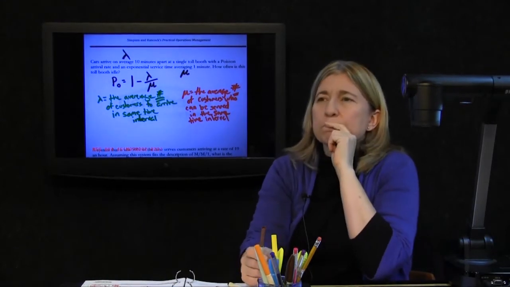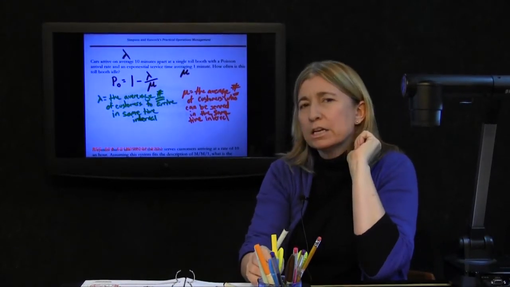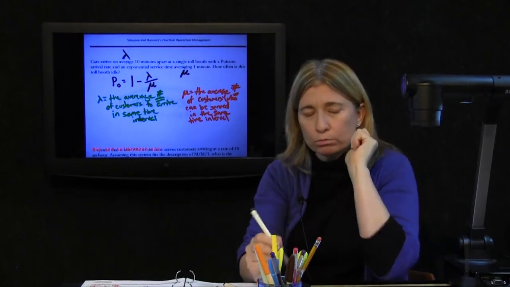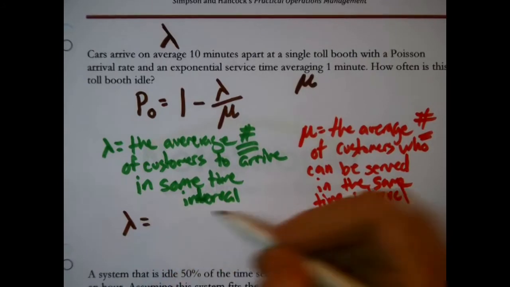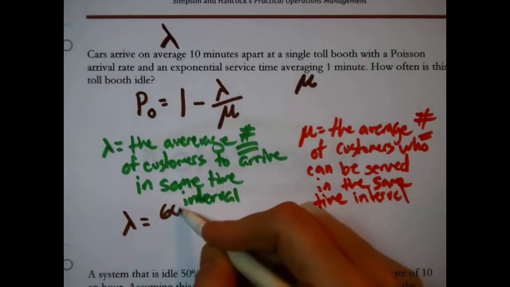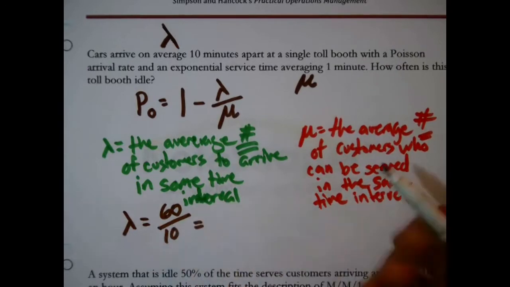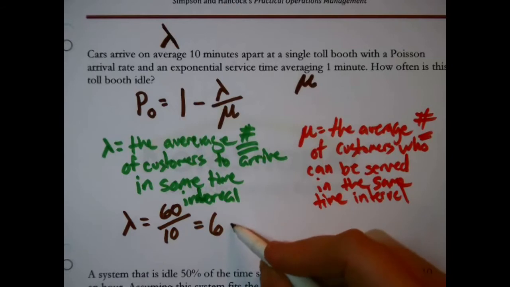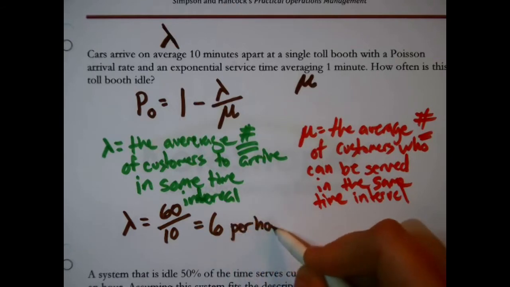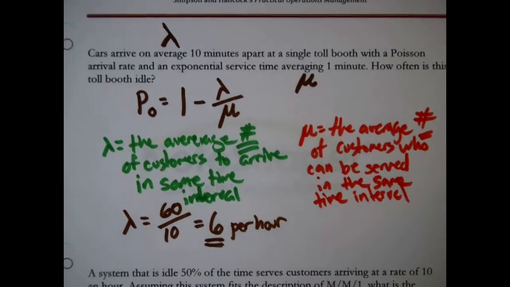Therefore, on average, how many cars arrive in an hour? If there's 60 minutes in an hour and they're showing up every 10 minutes, I'm just deducing this, there must be 6 showing up on average per hour. Perfect. It's a count, a number of cars, 6.